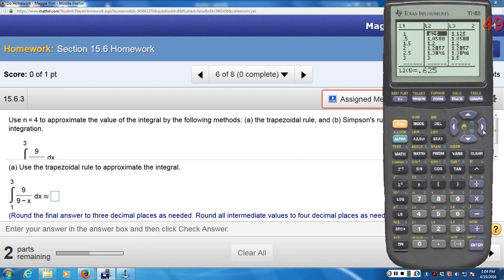And to do the Simpson's rule on the others, then we remember that the first one is going to be left alone. The second one's going to be multiplied times 4. Second one's going to be multiplied by 2.